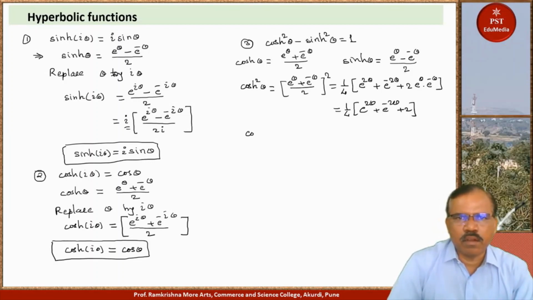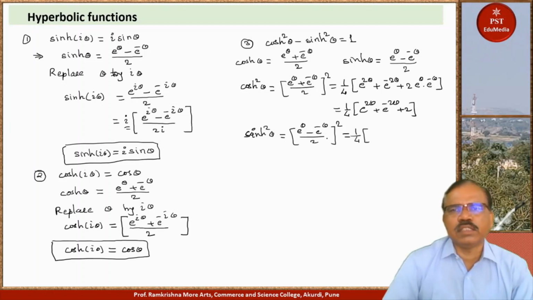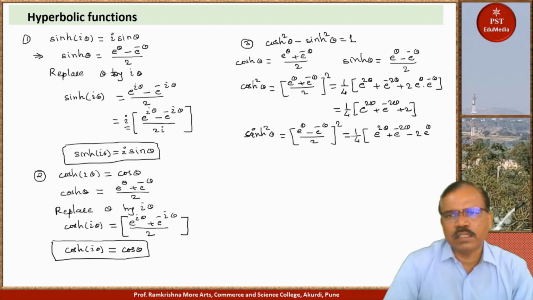Similarly, we can obtain sine hyperbolic square theta. So it is e raised to theta minus e raised to minus theta upon 2, squared. And this is equal to 1/2 squared, that is 1 by 4, and square of e raised to theta minus e raised to minus theta. So it is e raised to 2 theta plus e raised to minus 2 theta minus 2 times e raised to theta into e raised to minus theta.